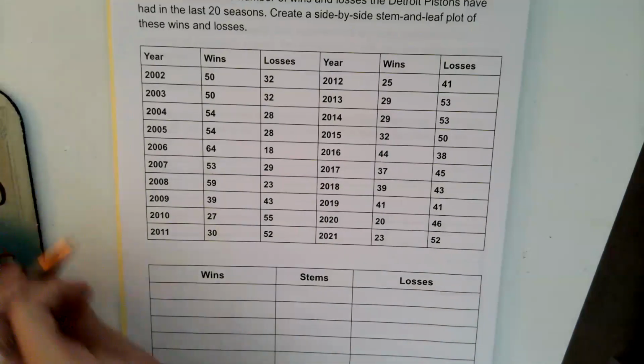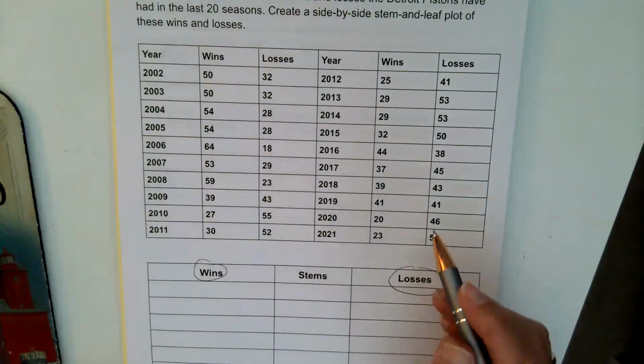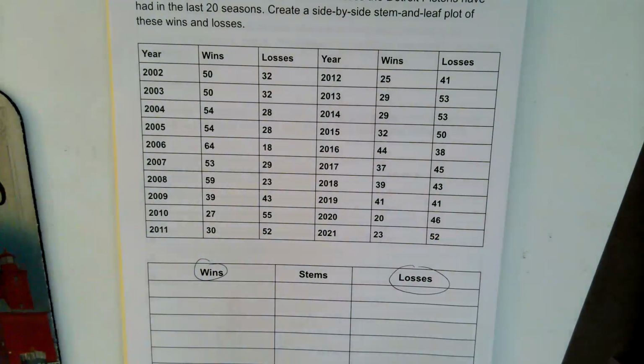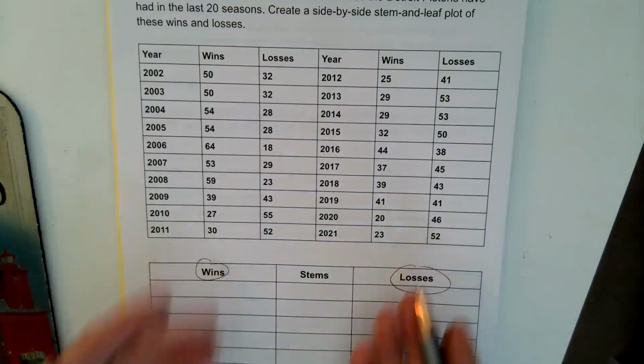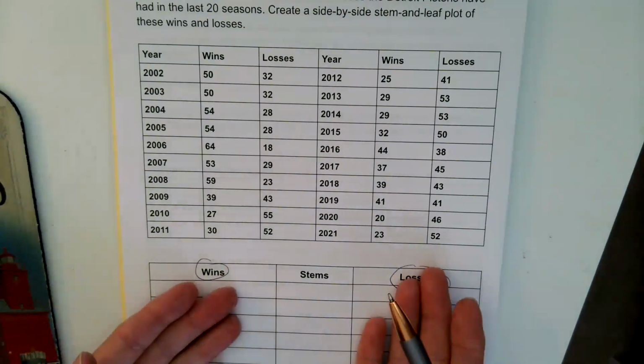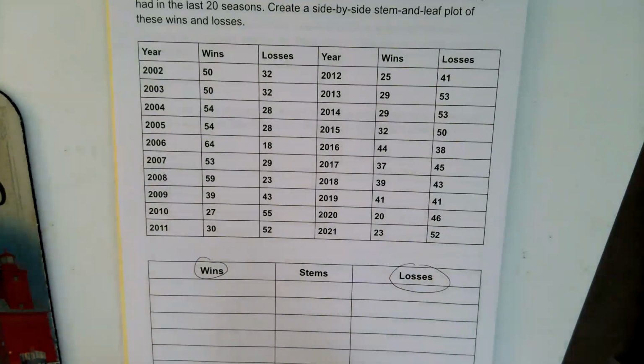And so I'm going to do the wins on the left and the losses on the right. Now, they should be opposite of each other, right? If you have 100 games in a season, you're either going to have the majority in wins and fewer in losses, or fewer wins and majority of losses. But it's just a great example for us to be able to compare the two.